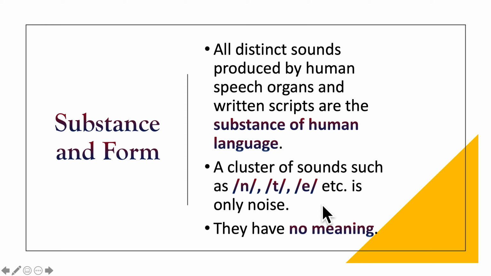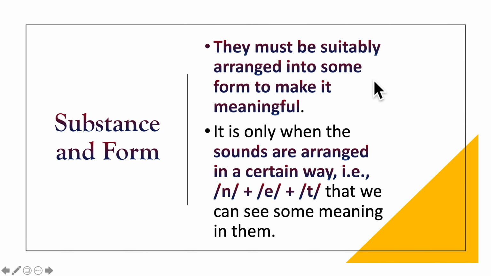They don't carry any meaning. We don't understand what these sounds mean. They must be suitably arranged into some form to make them meaningful. It is only when the sounds are arranged in a certain way, that is, net, that we can see some meaning in them.